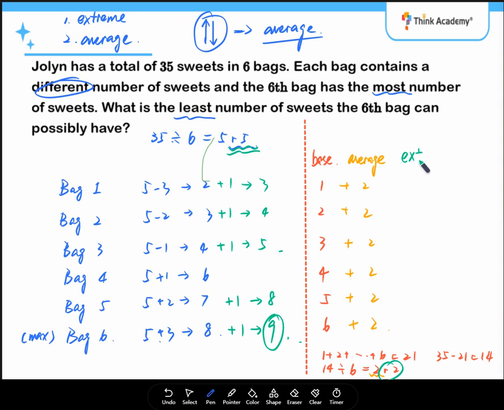For the extra 2, you will find it very easy, because in all situations like this, we should start with the largest number to avoid repetition. So you still get the same answer: 9, 8, 6, 5, 4, and 3. Still 9. So 9 is the correct answer.